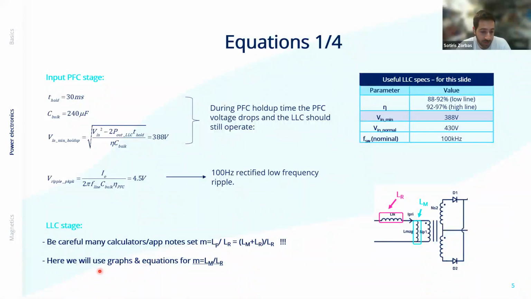Or there are other application notes that use a more simplified approach like this one, which is LM divided by LR, which is exactly what you see right here. We will use these graphs.